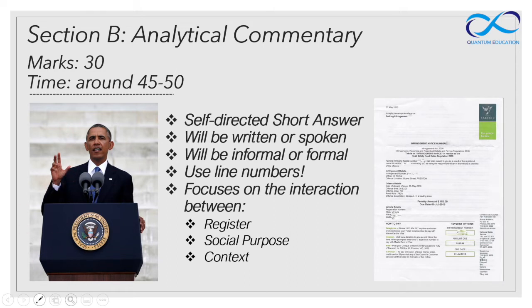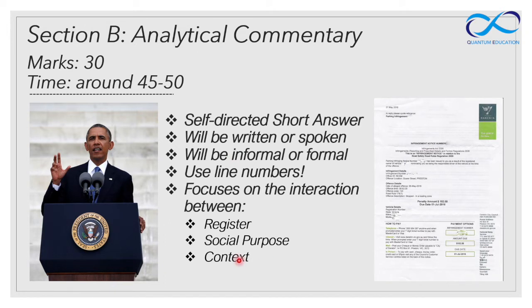So a speech is typically formal spoken, a eulogy to a fine is written formal. You can also get written informals and spoken informals. And your analytical commentary will be based around trying to explain why the features in the text replicate that formality, the mode, and also the social purpose and context.